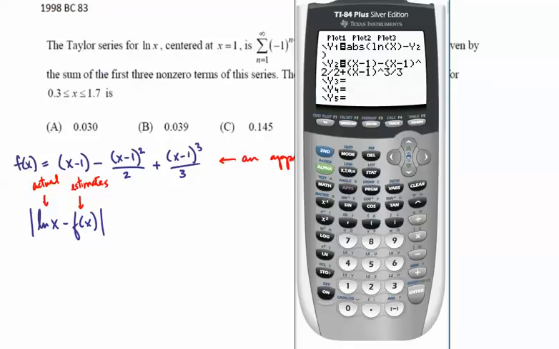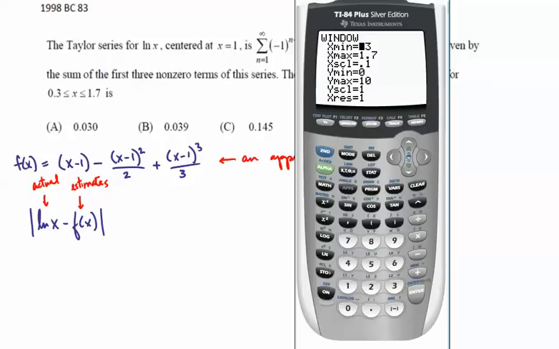I'm going to turn off the second function from displaying, and I want to graph now the absolute value of natural log of x minus f of x, and I'm going to set my window to go from 0.3 to 1.7 by 0.1 and have the y values.